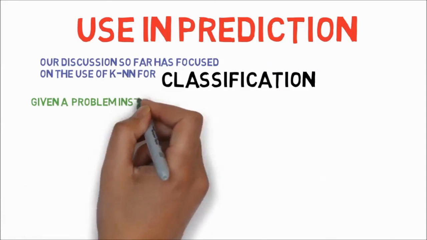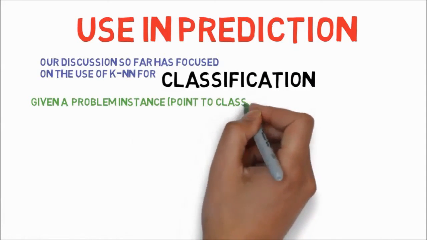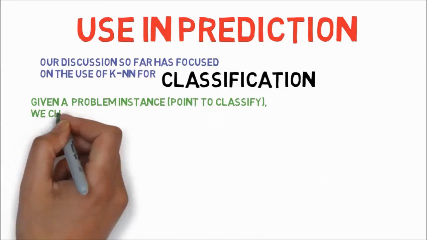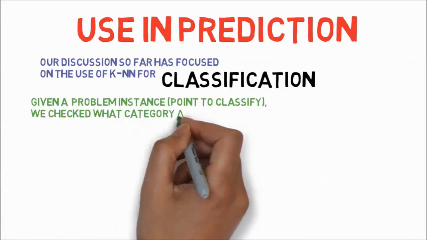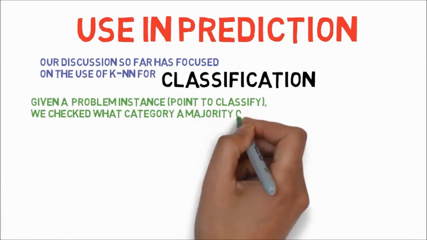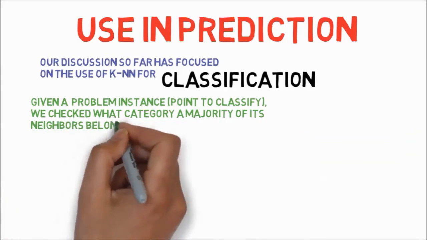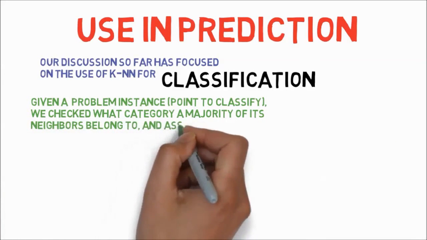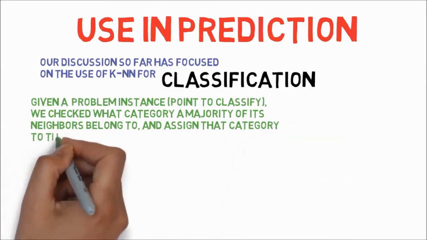So as we've been talking about how KNN works, given a problem instance, which is a point to be classified, we check what are the k nearest neighbors and which category those neighbors belong to, and we assign our problem instance to whichever category the majority of the k nearest neighbors belong to.